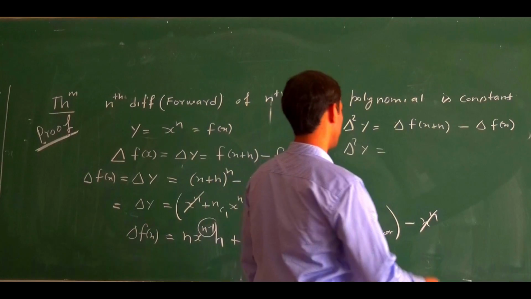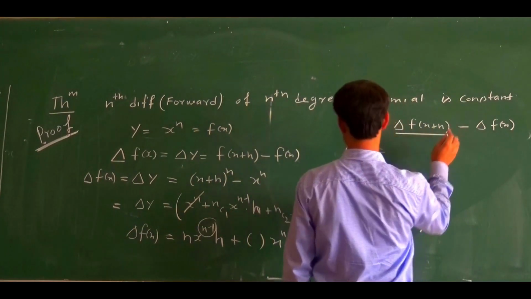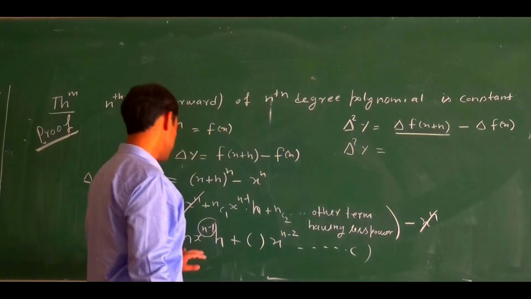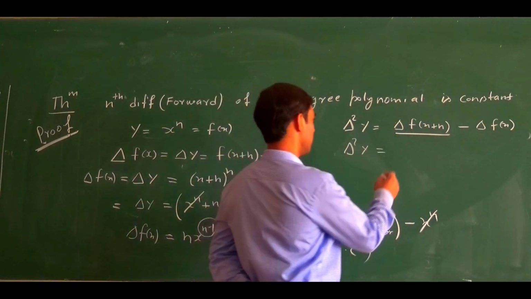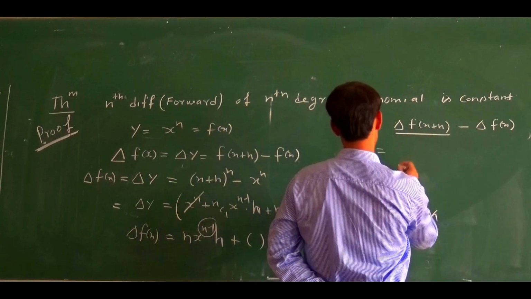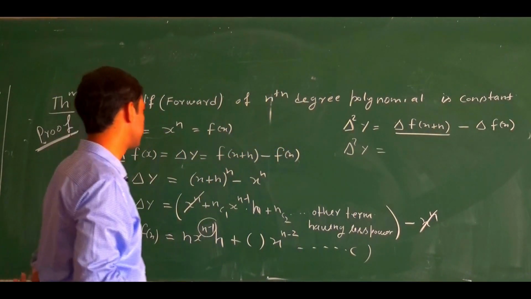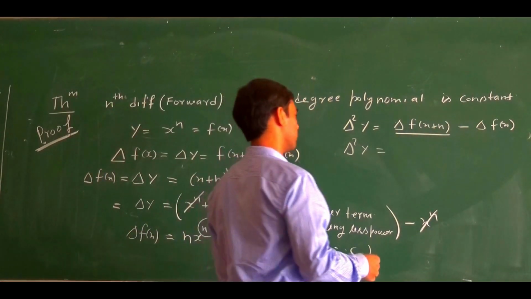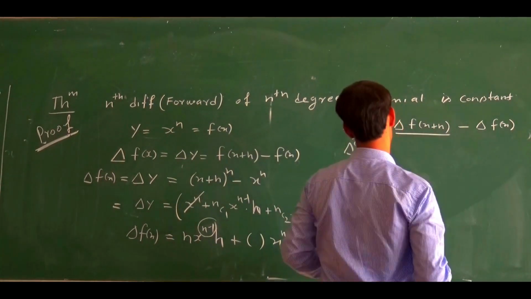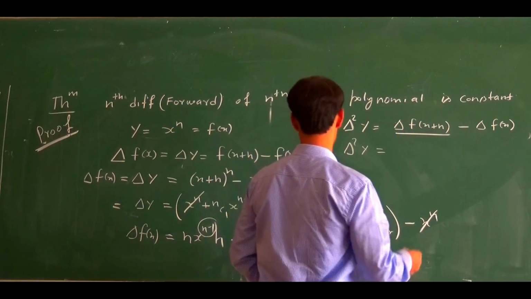So what will happen with the first term? This becomes del f of x plus h minus del f x, that is del y1 minus del y0. In terms of y we write x0 plus h. So del f of x plus h becomes what?